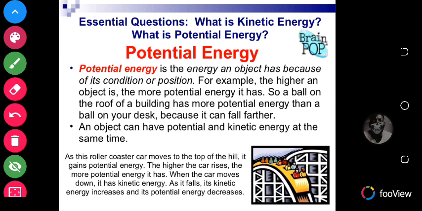When the roller coaster is on top, it has more potential energy because it is about to come down. On top it will be stagnant for a while, so the kinetic energy, the ability to move, is low.